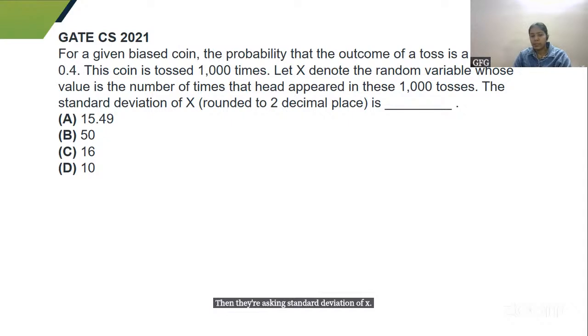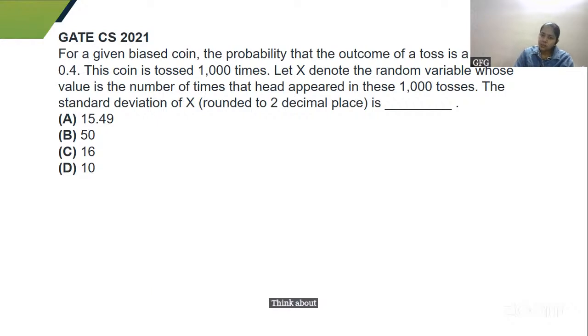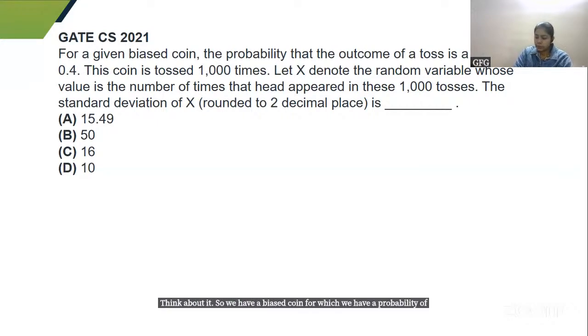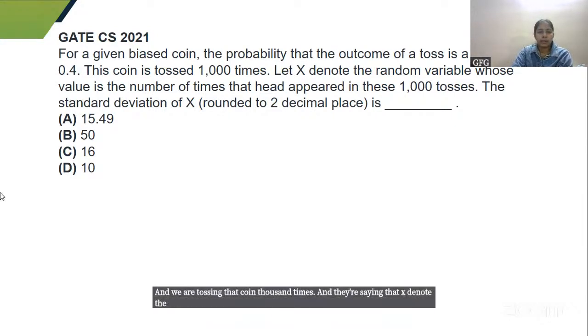Tell me guys, what would be the answer? Think about it. We have a biased coin for which the probability of getting a head is 0.4, and we are tossing that coin 1,000 times.